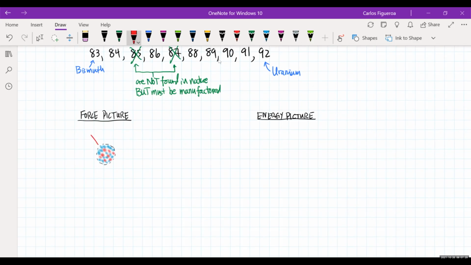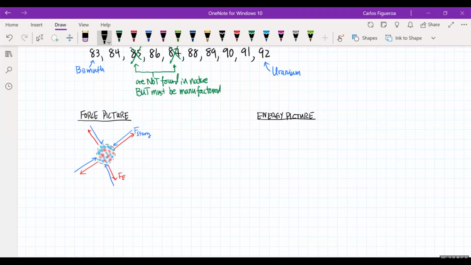What I'm seeing here is that there's this very strong electrical force now. But now the strong force is just slightly larger, just slightly larger. So now we have these 2 competing forces.